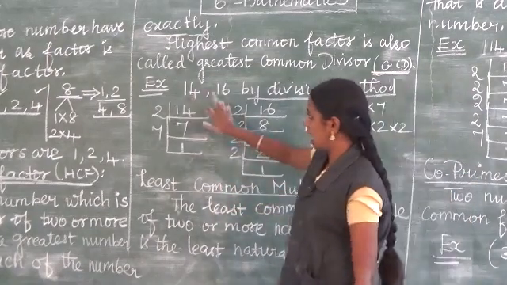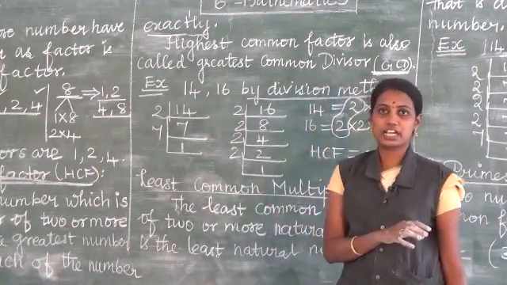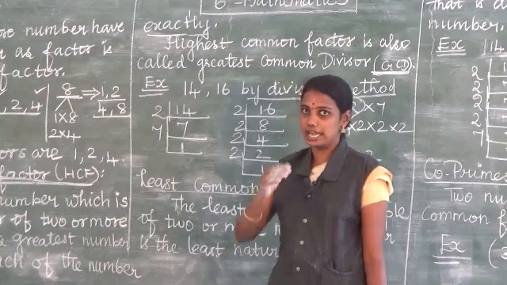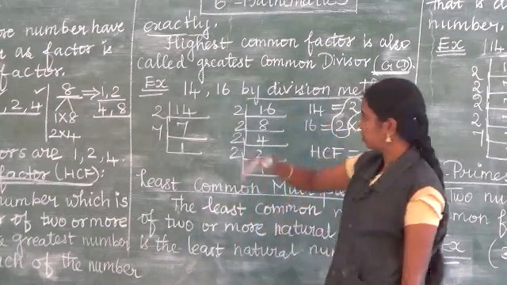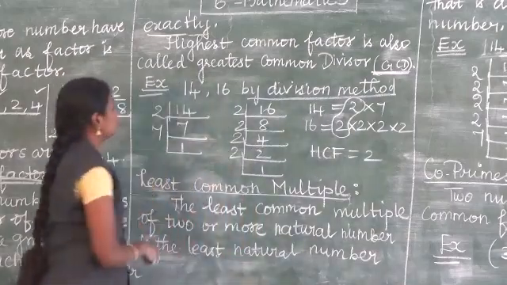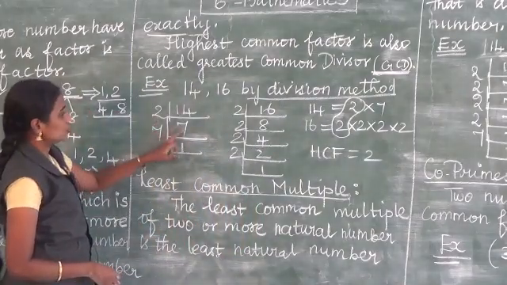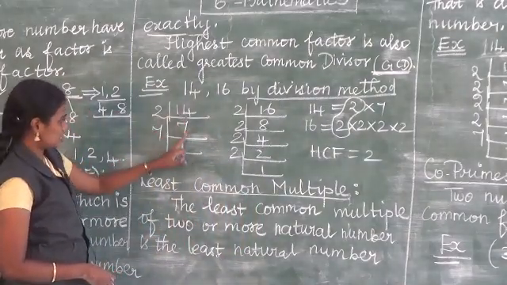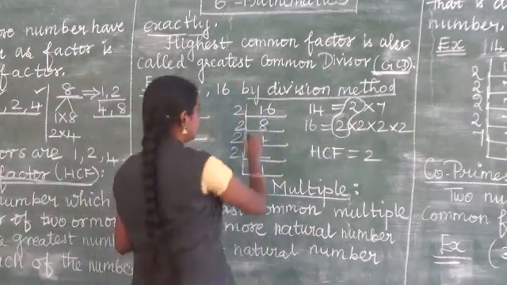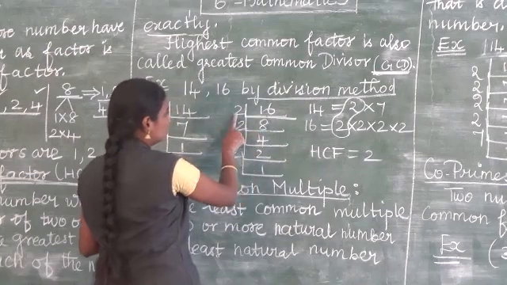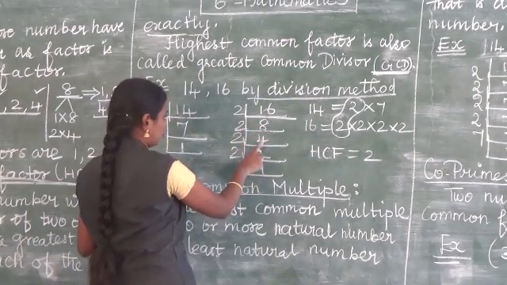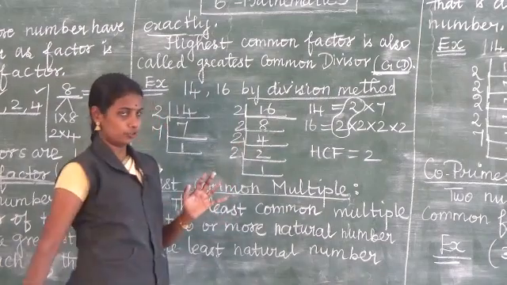So now 14 and 16, go for the factors. For factors you should use only prime numbers, because under the prime factorization method we are learning this division method. So I use the prime number 2 table. 2 7s are 14, then the 7 table, 7 1s are 7. Likewise 16: 2 8s are 16, 2 4s are 8, 2 2s are 4, 2 1s are 2.